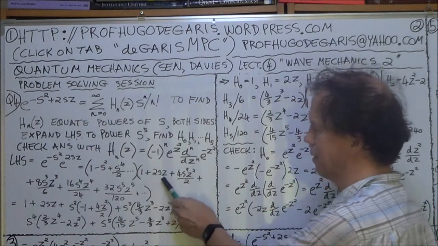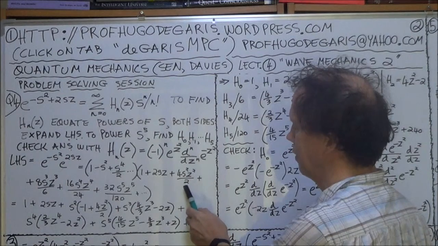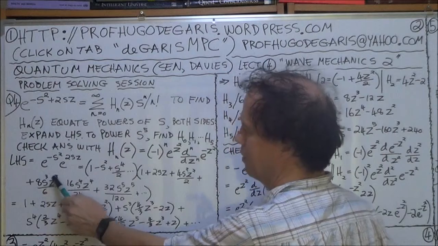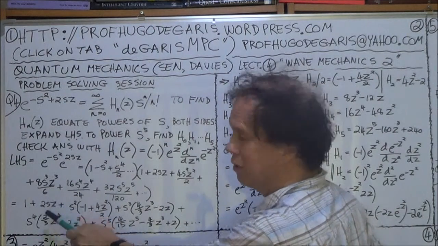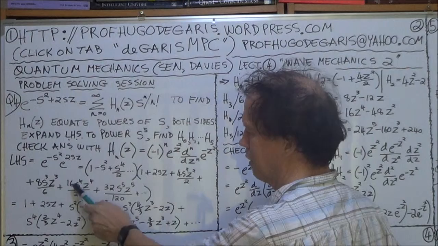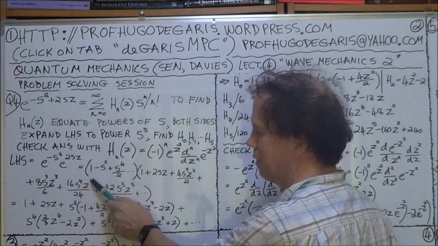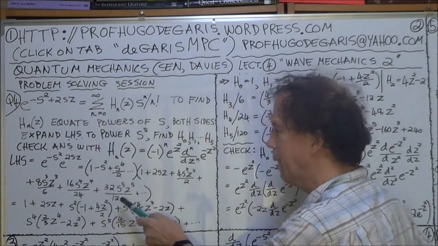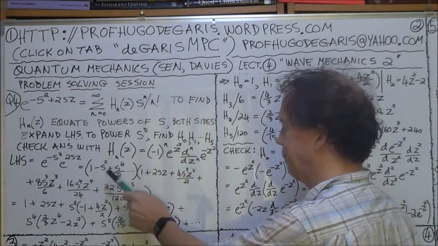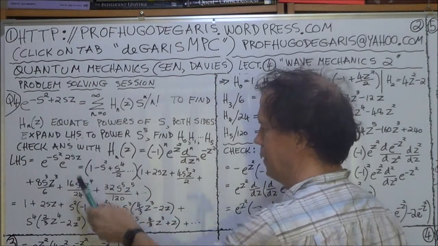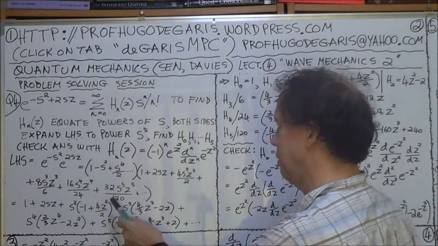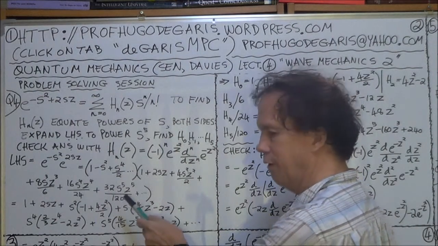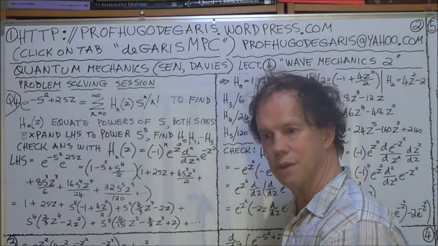So here's your x, just 2sz, and then you square it over 2, so 4s squared z squared over 2, and then you cube it, so 8s cubed z cubed over 3 factorial, so that's 6, and then to the 4th power, so 16s to the 4th z to the 4th over 4 factorial, so that's 24, and then to the 5th power, so 2, 4, 8, 16, 32 s to the 5th z to the 5th over 5 factorial, which is 120.